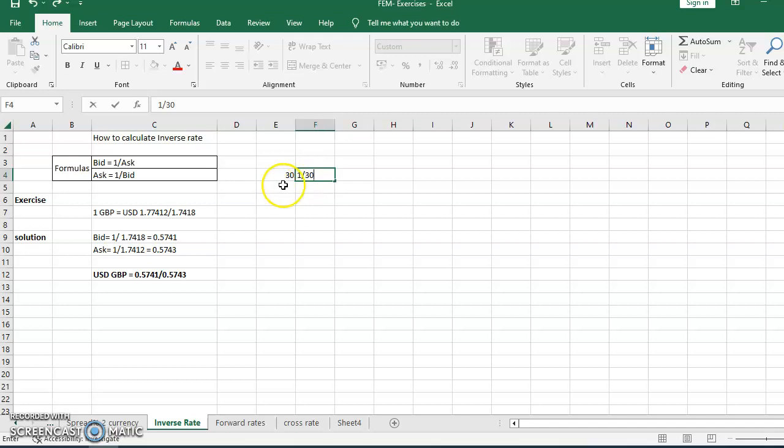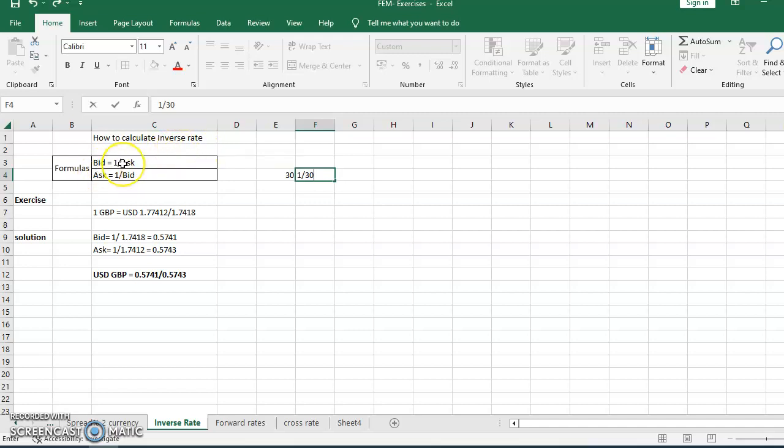This is the reciprocal, and I can also say this is the inverse of 30. In the same way, we have a reciprocal exchange rate for a particular currency. When we have two currencies and we divide 1 by the current exchange rate, that gives us an inverse relationship. So the inverse rate is also a reciprocal exchange rate.